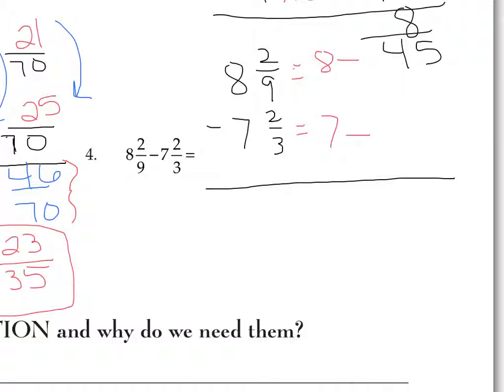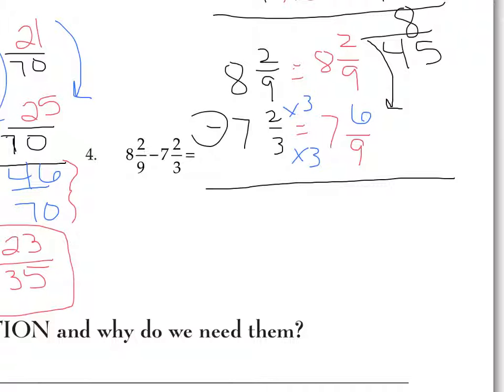So the smallest number that 3 and 9 both go into is 9. So we don't need to change this one. All right. 3 times 3 makes 9. So 2 times 3 is 6. So this is where the challenge starts to come in, because this is subtraction. I can't subtract 6 from 2.